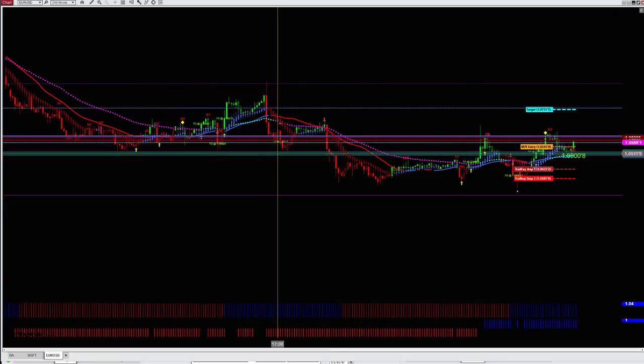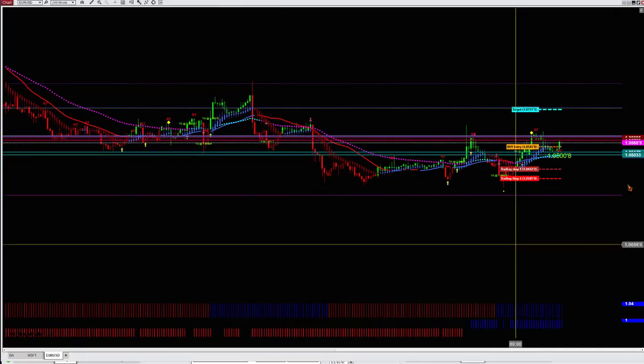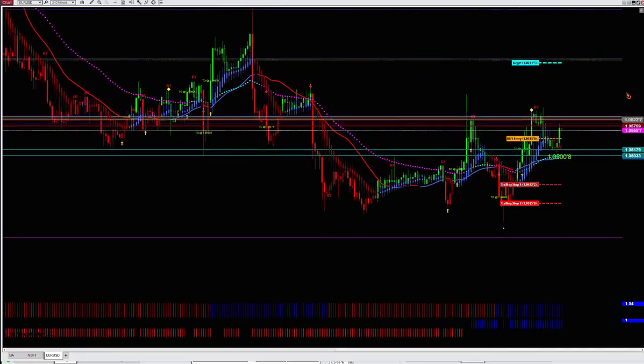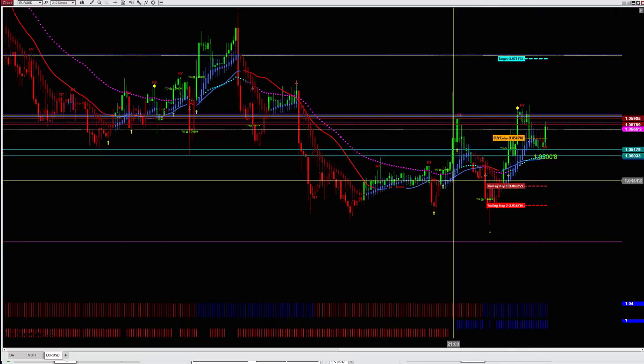Those are your $35 zone, and what I'm really interested in is that this market got projected from the 59 level and got projected again, followed by our reversal at those levels right here.